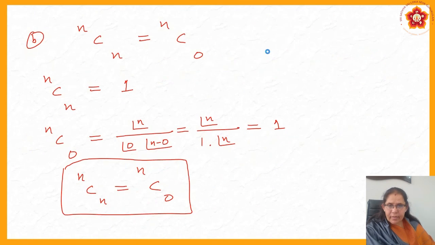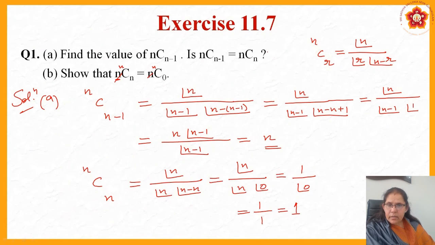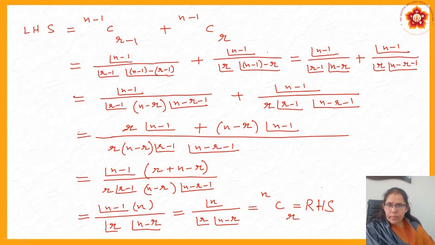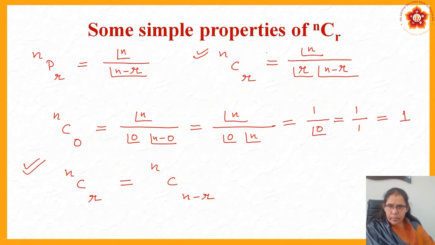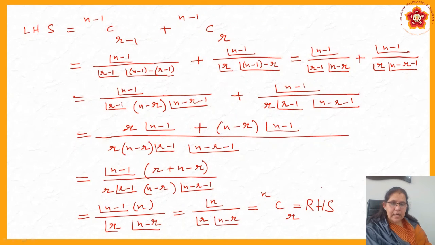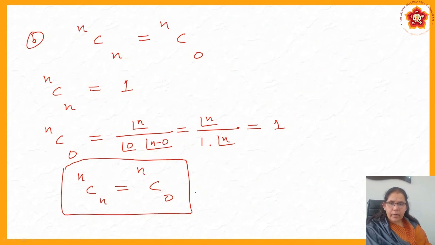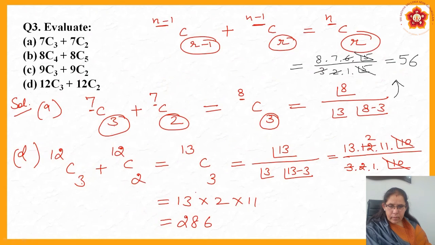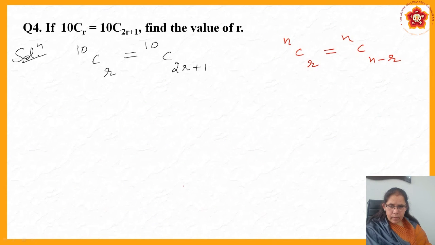Let me show you the slide where we have done this. This is where we had done it. NCR is equal to NC n minus R. We'll use this to solve it.